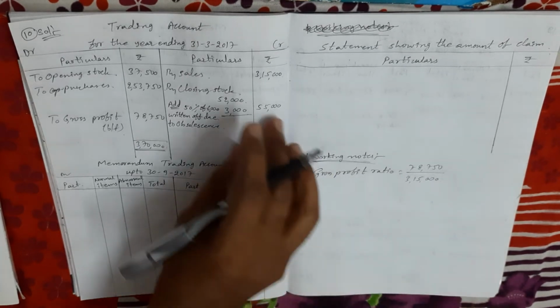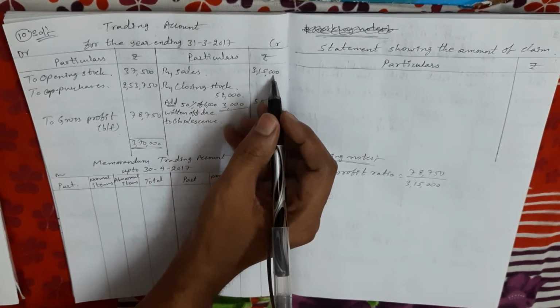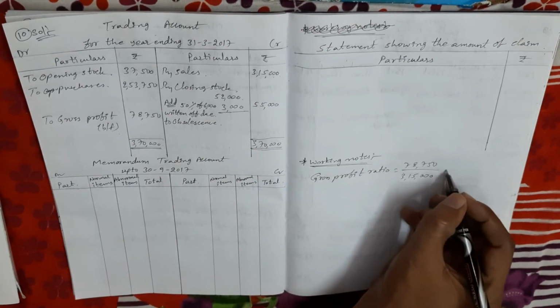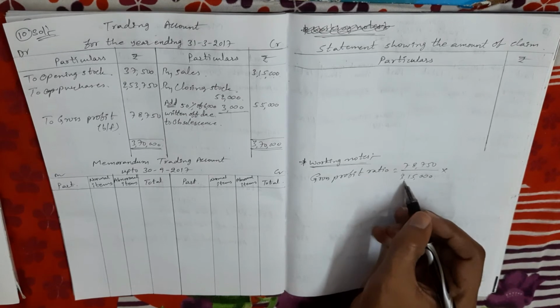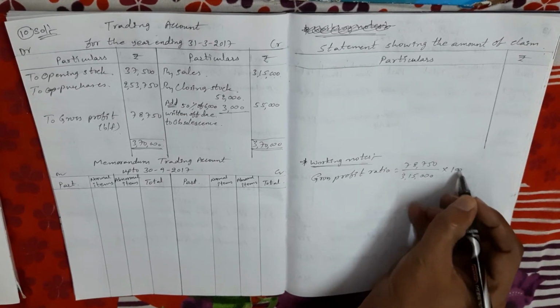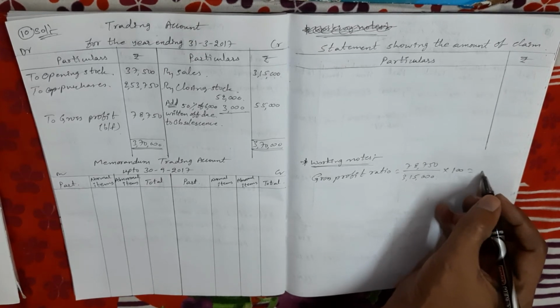So my dears, here 3,15,000 is normal items only. There are no abnormal items. Abnormal items are only in the current year. So directly I'm taking 3,15,000 into 100. So the gross profit ratio is 25%.